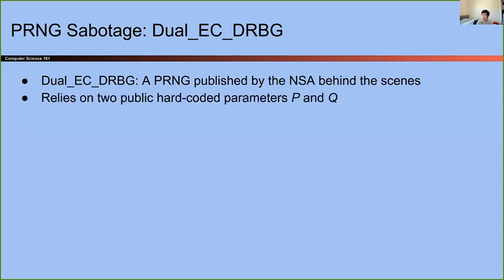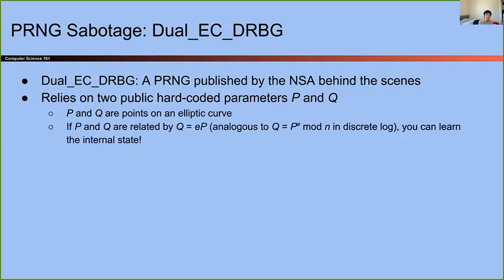It relies on two parameters, P and Q. We're not going to go into the math too much, but these are basically points on the curve. So the elliptic curve is a curve, and there are points on that curve. And if there's some relationship between Q and P, then that will basically allow you to go back and break the internal state.